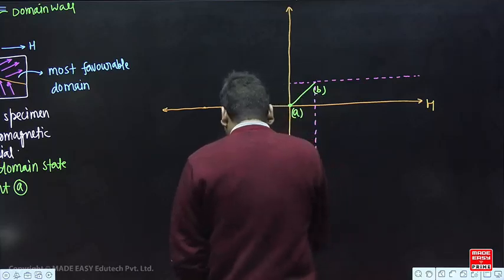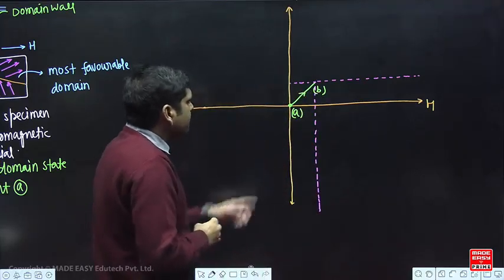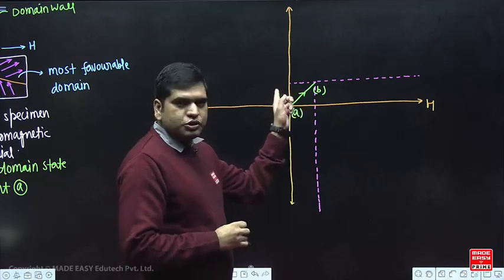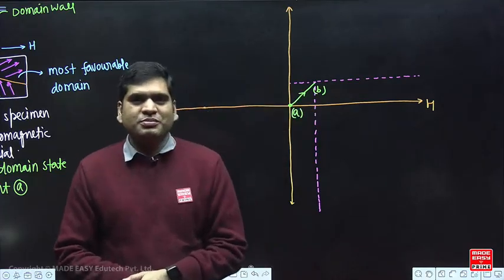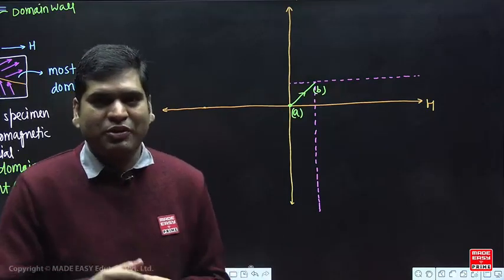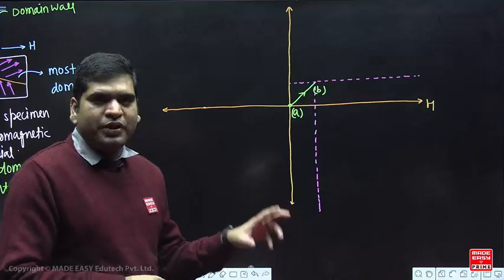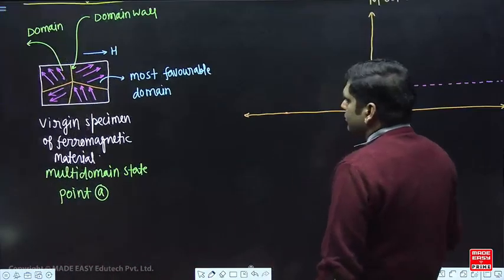What does linear signify? Linear signifies that if you apply magnetic field, you will get non-zero magnetization, and if magnetic field is zero, magnetization will become zero. So on the application of magnetic field, you get a certain value of magnetization. On the removal of field, magnetization is zero. That is the meaning of a linear curve.